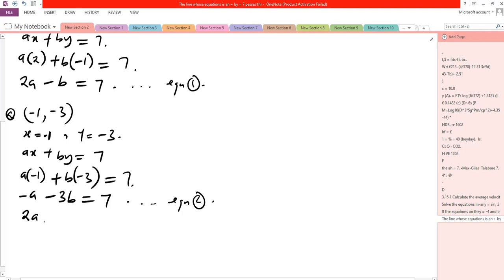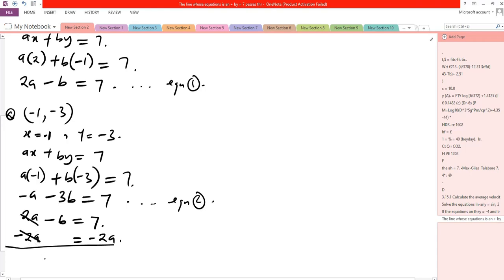So let's work with equation 1. So we have 2a minus b equal to 7. Now we want to isolate minus b. To isolate minus b, you have minus 2a. Then on the other side, you also do the same thing: minus 2a. So this plus 2a will be eliminated by minus 2a.